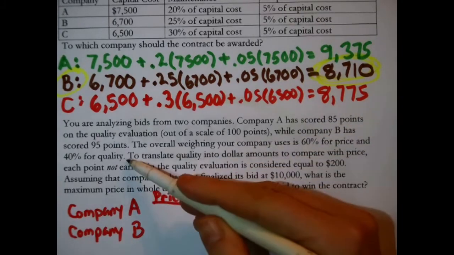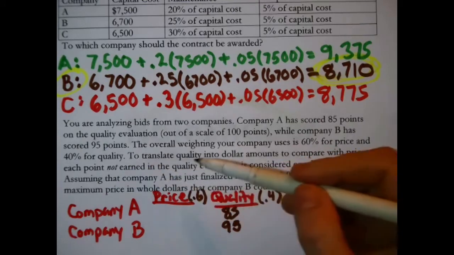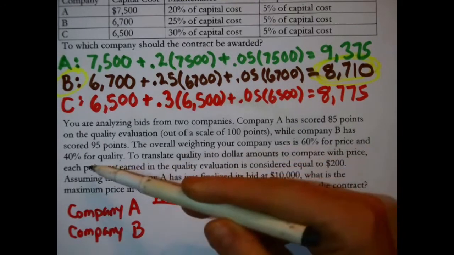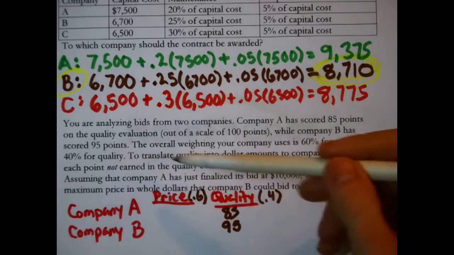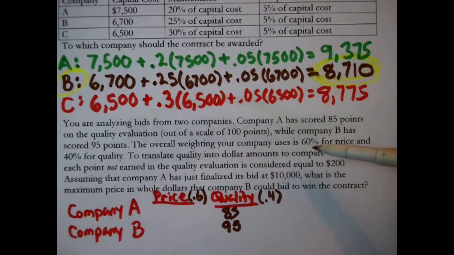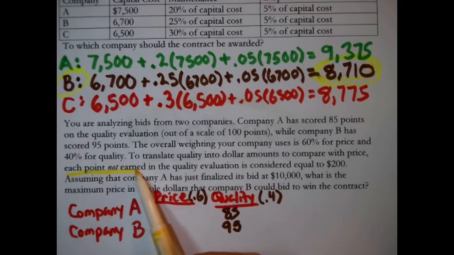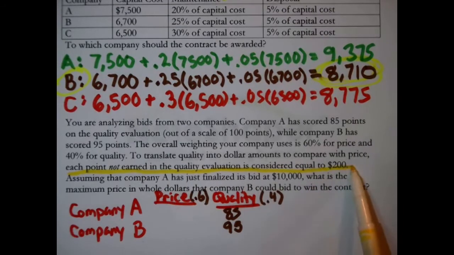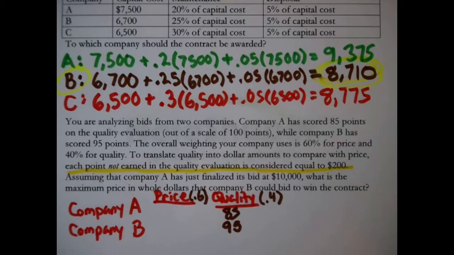Now this is where I need to continue. To translate quality into dollar amounts to compare with price, each point not earned in the quality evaluation is considered equal to $200. All right, now I need to focus, because what we're doing is inverting the scale. Each point not earned on the quality evaluation is considered worth $200. So I could do that conversion right here.